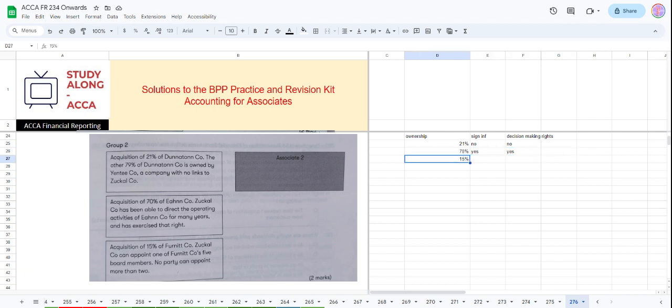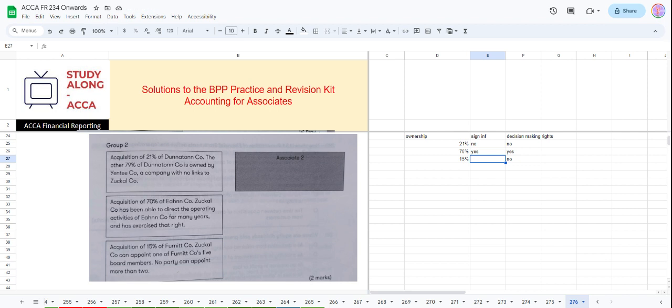And then this acquisition of 15%, and they have appointed one of F company's five board members. So decision making capacity is just 1 by 5. It is not all. So no decision making capacity, and no party can appoint more than two.